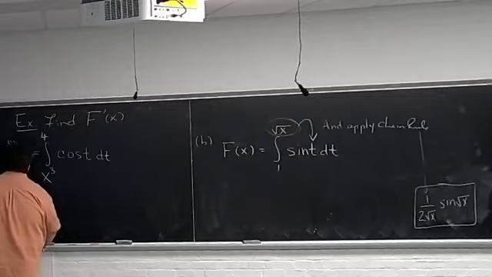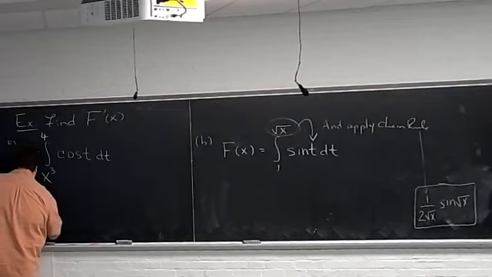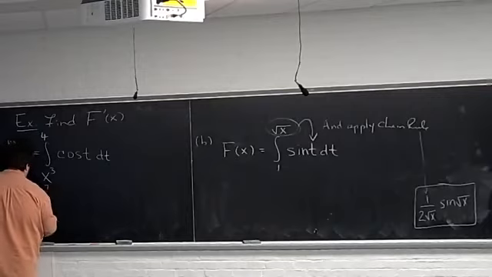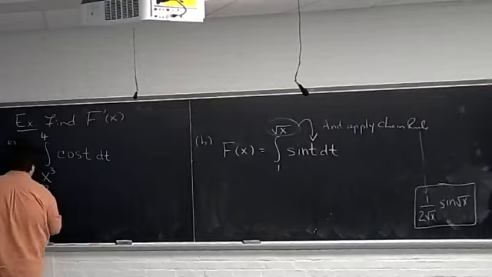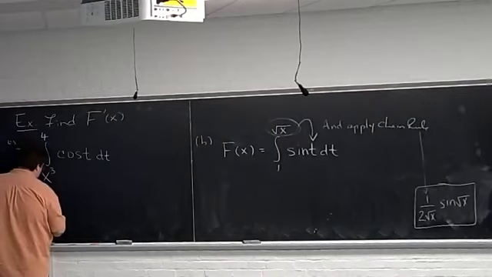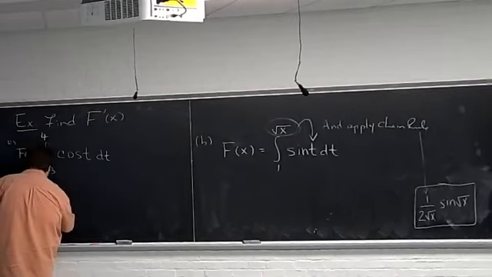Let's just leave it with x's since this is our first example. Let's do x cubed to x to the 7th of 1 over t to the 4th plus 1.